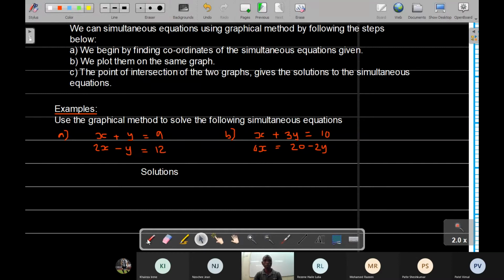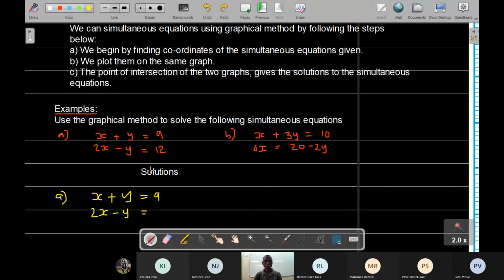Now to the solutions, we are going to begin with A. x plus y, and this is equal to what? 9. The second equation is 2x minus y, and this is equal to 12, not 9.